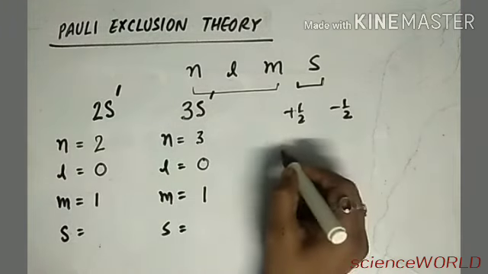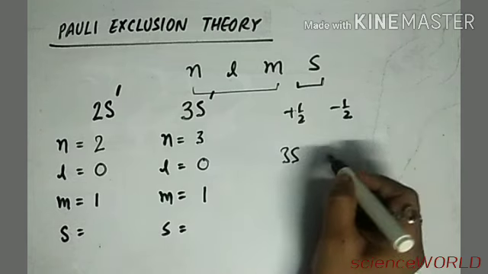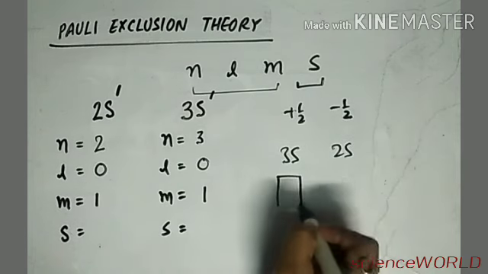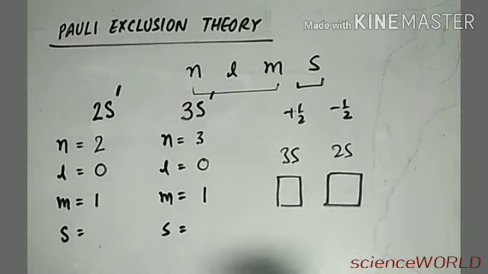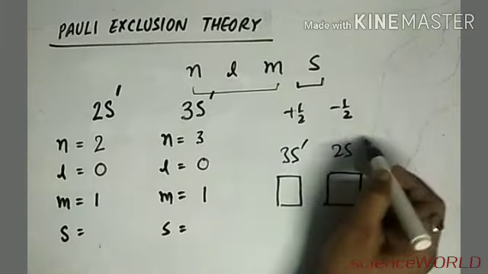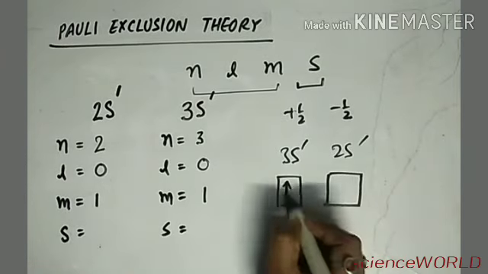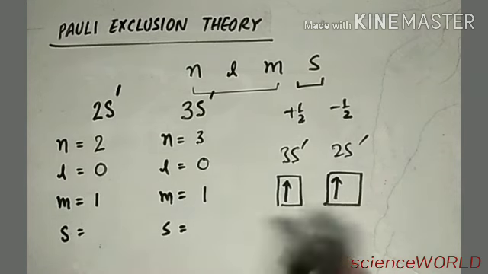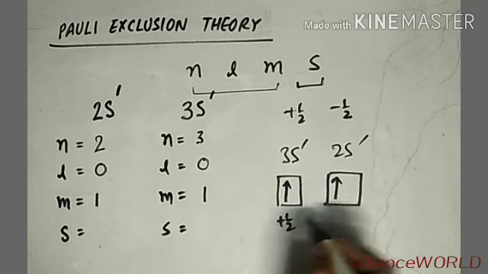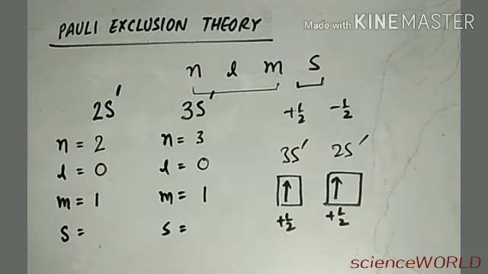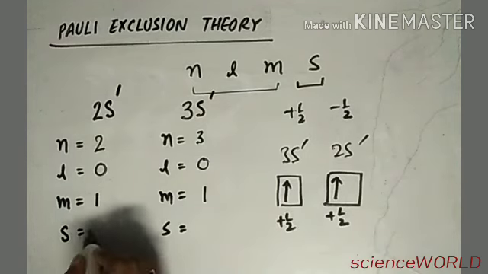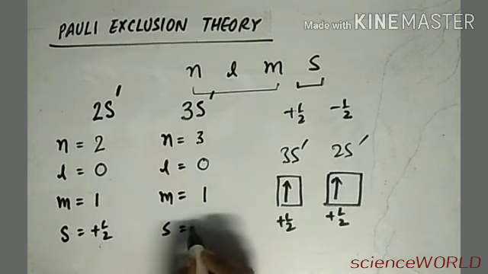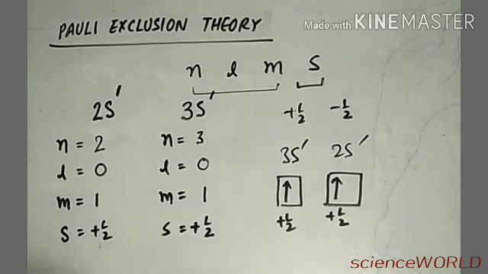So the movement of the electron is in a single direction, that means it is showing the positive direction. That means plus half we can consider for this one, and plus half for this one as well.